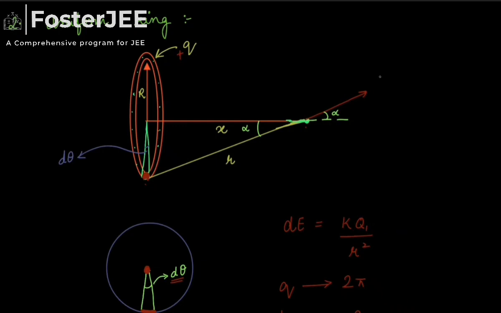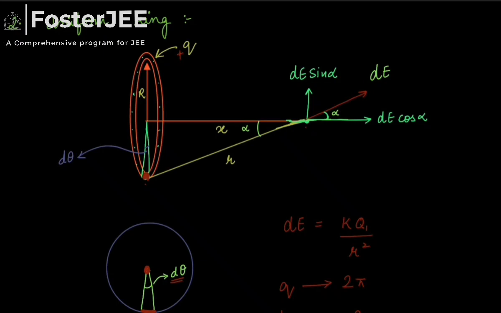So if our small field dE is acting in this direction, what will be the components along the center and perpendicular? In this direction, the field will be dE cos alpha, because it makes an angle alpha. Then the electric field perpendicular to it is dE sin alpha.